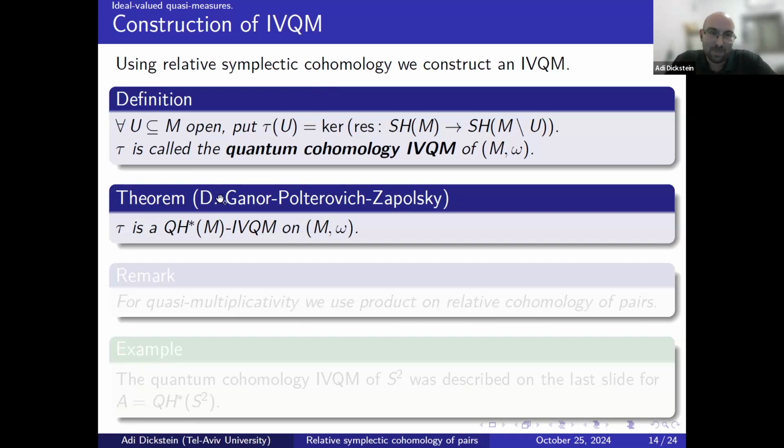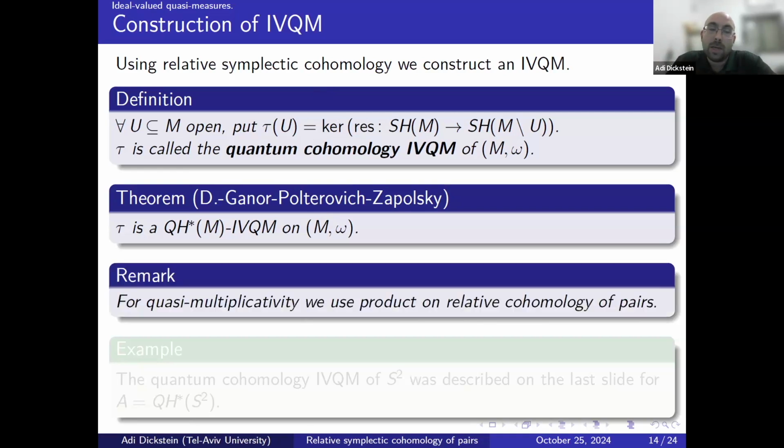Okay, and the reason we had to develop all the theory of relative symplectic cohomology of pairs is for proving quasi-multiplicativity.